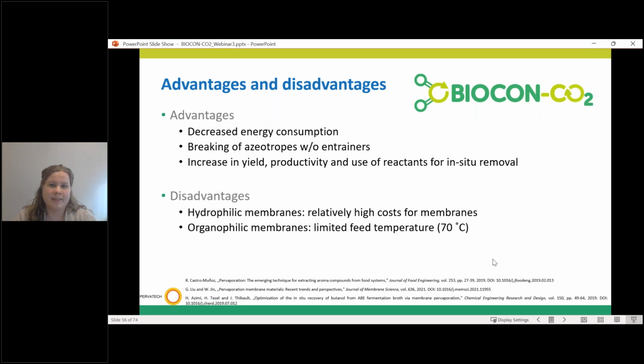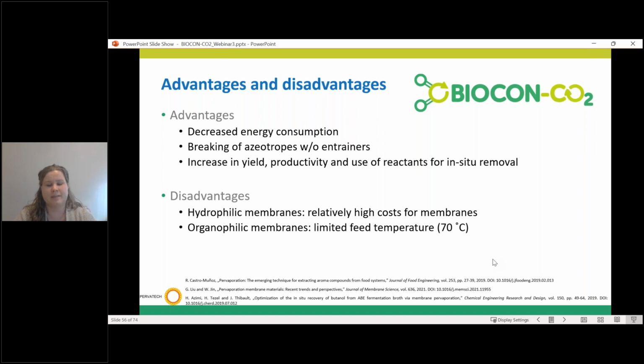So pervaporation is often considered as an alternative to distillation, and it is due to two reasons. The first one is a decrease in energy consumption, and the second one is because the pervaporation process is not affected by azeotropic mixtures, and these can be broken without the use of an entrainer.